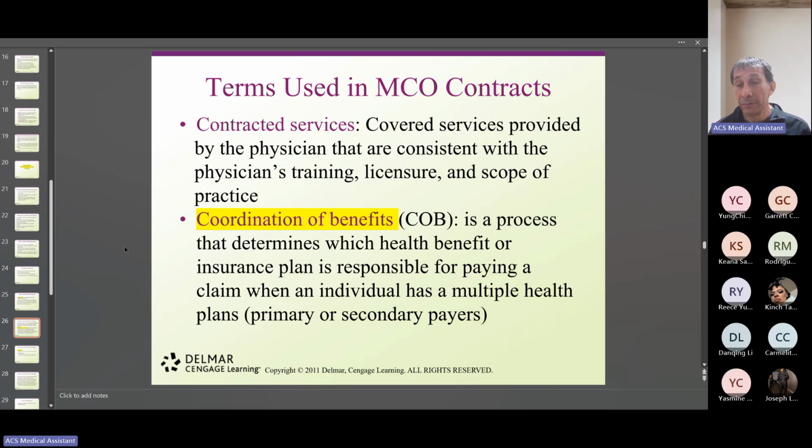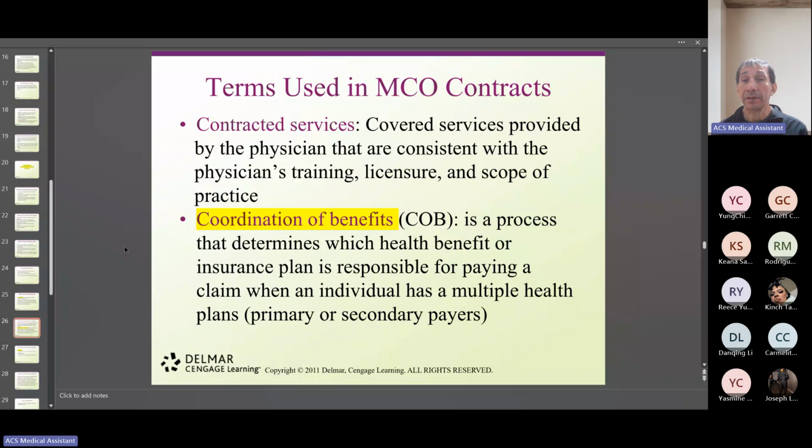Again, it's just to see which one of the insurances is going to pay the largest portion of the services. Remember, the primary insurance is going to pay the largest portion. If you have a secondary, it will pay the balance that the primary insurance did not cover. So that is coordination of benefits, remember.